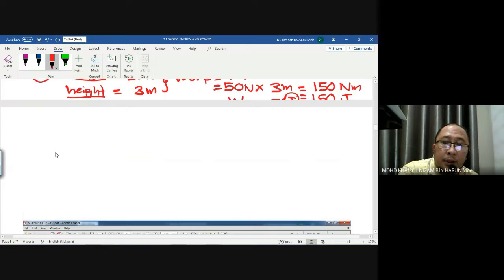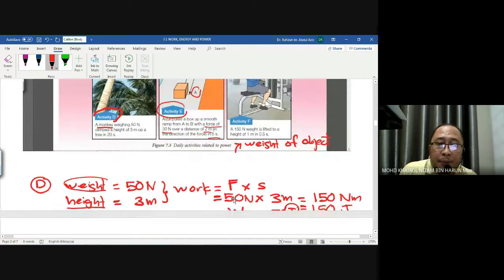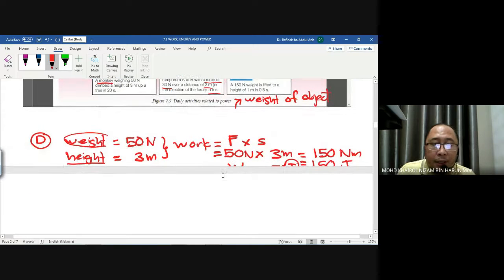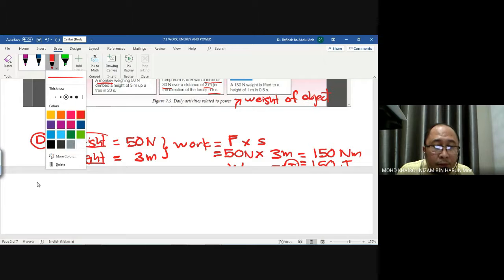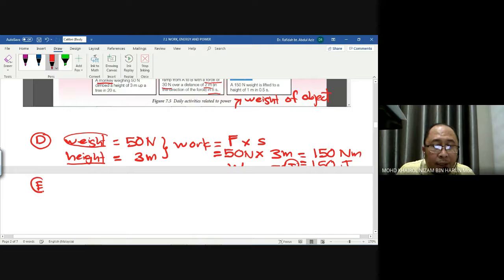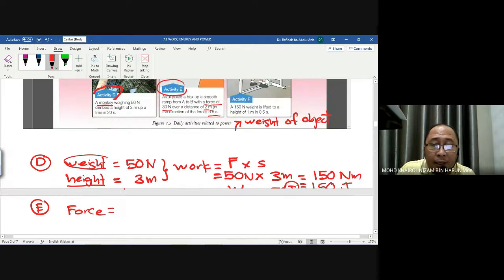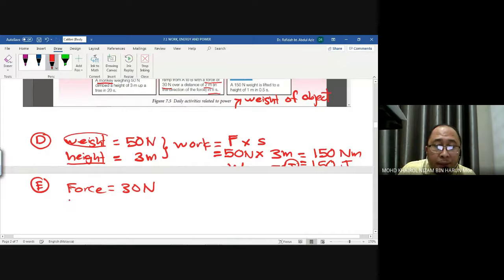For this example, activity E, the force is given in the question, that is 30 Newton, the distance is 2 meter, and the time is 5 seconds.